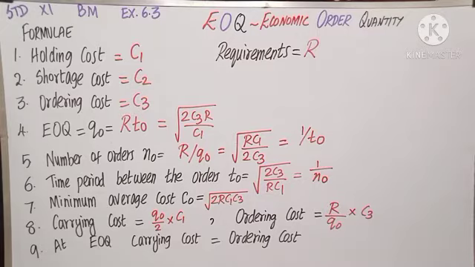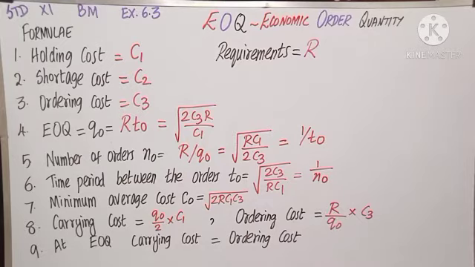We cannot pay full rent one time and zero rent another time. We must pay the average rent. Q0 is the full quantity, 0 the nil quantity. The average will be Q0 plus 0 by 2, or Q0 by 2, for which I will pay the cost. So Q0 by 2 into C1.